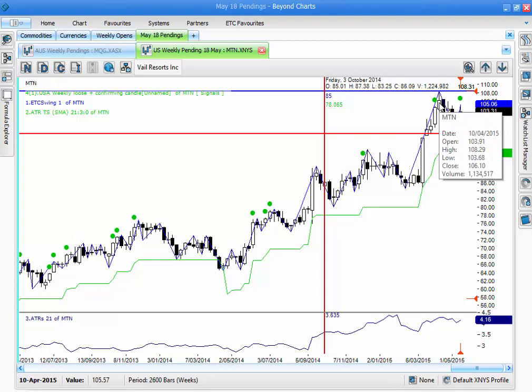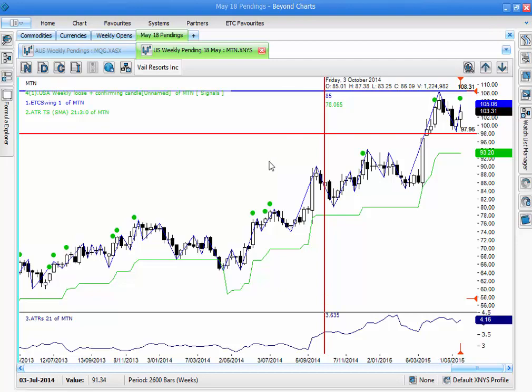So MTN on stop at 108.31 with a limit to 109.39. Protective stop at 97.95. That's MTN. So each one of these charts that we've been looking at, you'll see that I've got my entry lines and my protective stop lines.